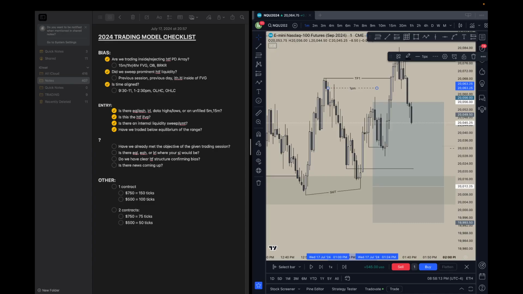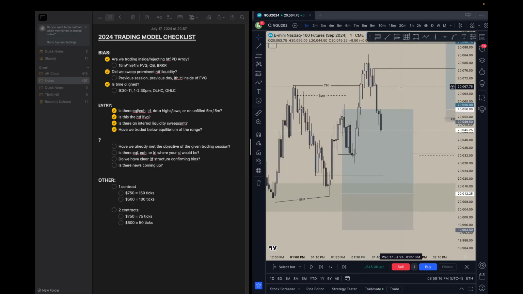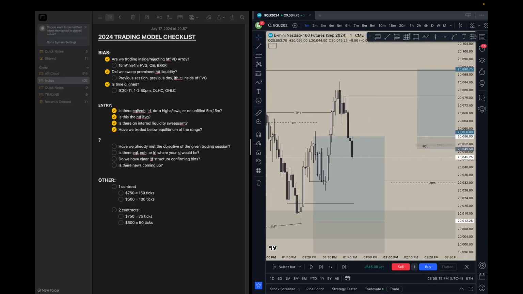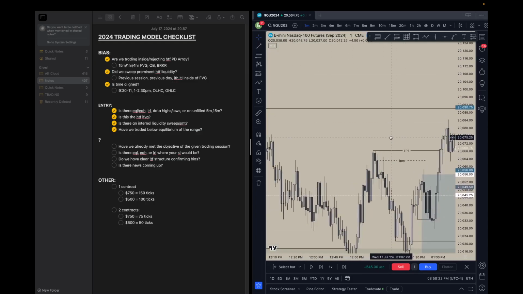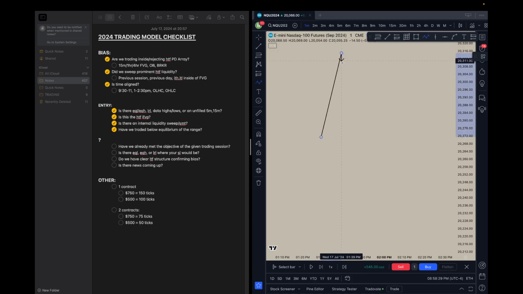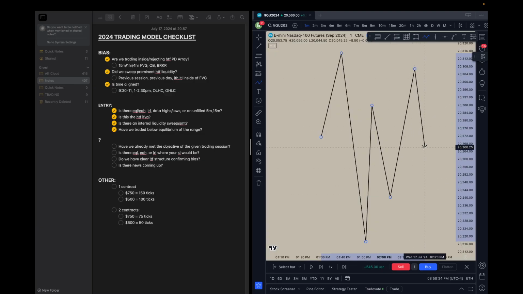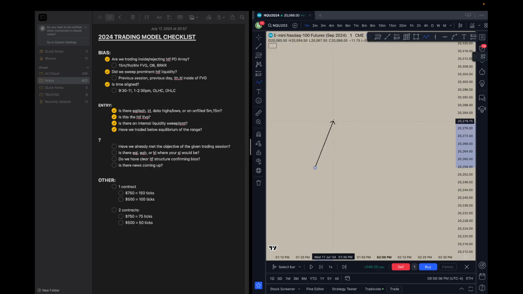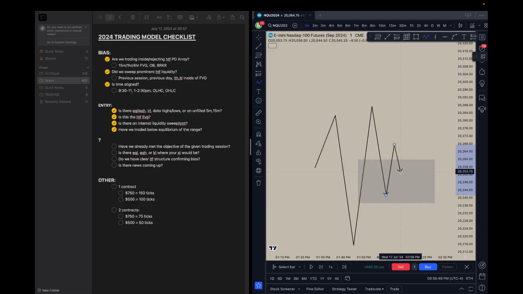When is it valid to take an inversion when we haven't swept liquidity if we're rejecting from a higher time frame PDRA? But usually we will be sweeping some sort of liquidity most of the time. But if you're talking about V-shaped recoveries, here's the thing: I usually won't get in off the initial V, and instead I'll wait for a confirmation that it is a V-shaped recovery, and then wait for a fair value gap here to get respected, and then for us to trade out of this, and then I'll take some sort of setup in here.